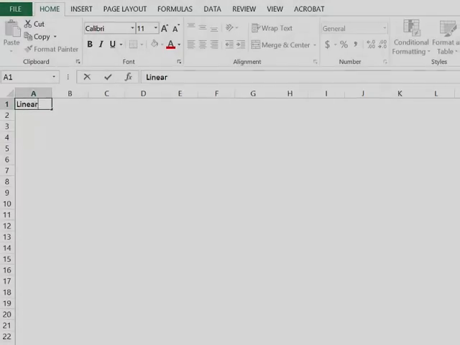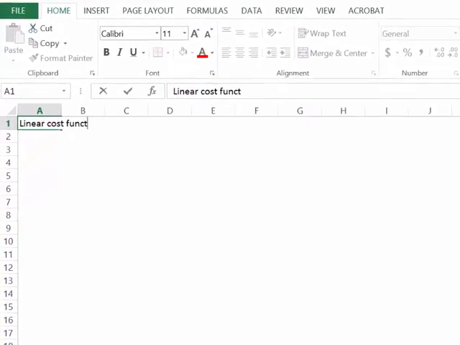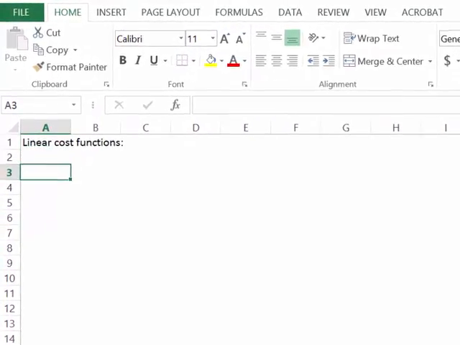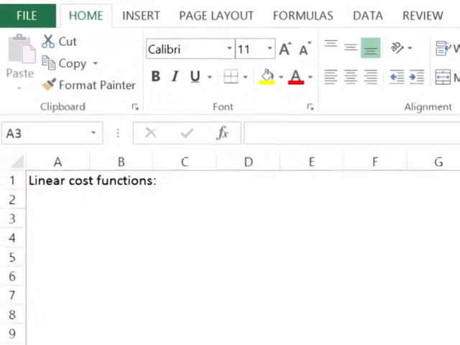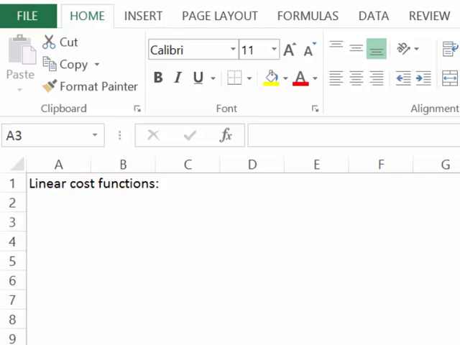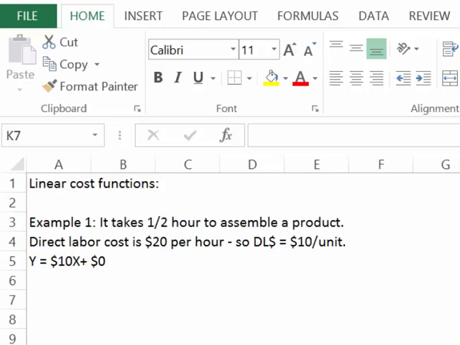So for linear cost functions, we're going to look at just a few examples. The first example is a variable cost. So in this example, it takes a half an hour to assemble a product. Direct labor is $20 an hour. So the direct labor per unit is $10.